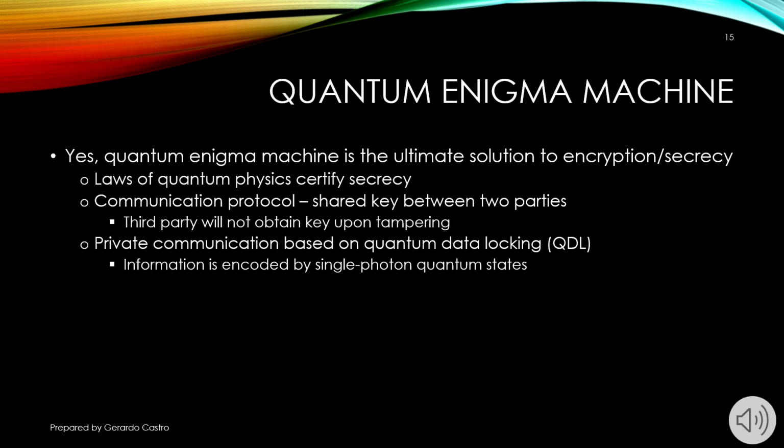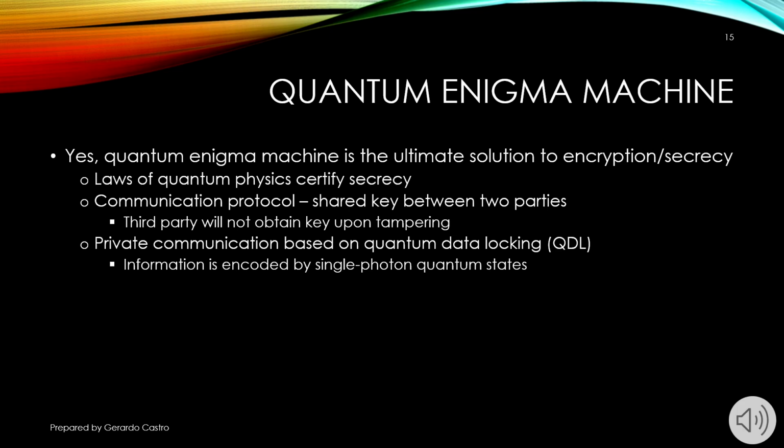Okay, now we want to talk about the quantum enigma machine. Could this be the actual ultimate solution to encryption and secrecy? According to research, the laws of quantum physics certify the secrecy. It works through a communication protocol with a shared key between two parties.